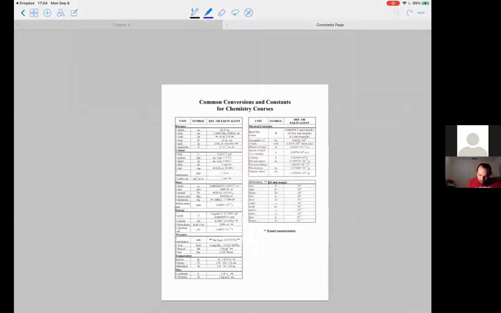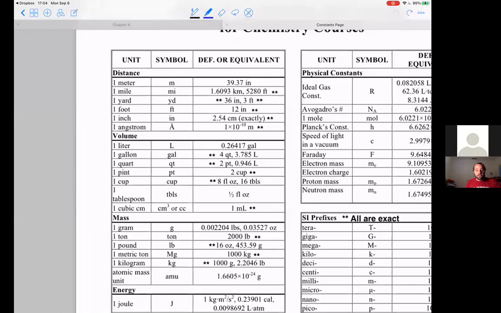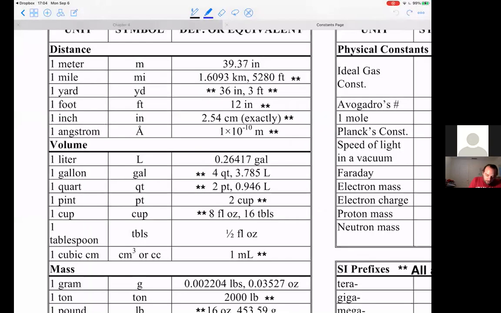But there's also stuff on how to convert from different distance measurements, right? Going from meters to inches or inches to centimeters, okay? We have something similar with volume.